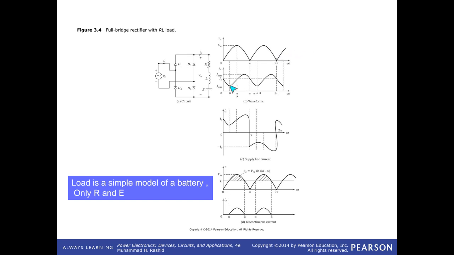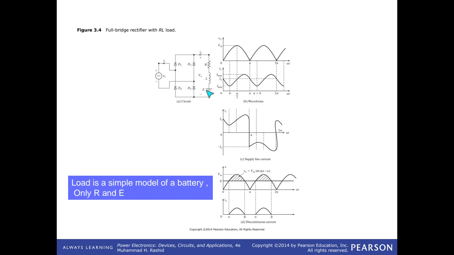If inductance is higher, which always tries to reduce the current variations and stores energy inside it, and if the value of E is not very big, I'm going to evaluate the conditions for this one. Then you have the continuous current mode.